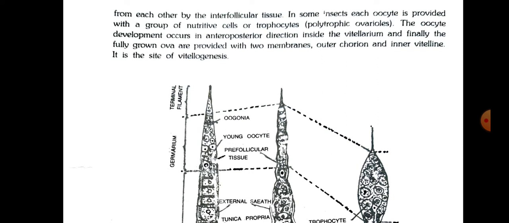In some insects, each oocyte is provided with a group of nutritive cells or trophocytes. The oocyte development occurs in an anterior-posterior direction inside the vitellarium, and finally the fully grown ova are provided with two membranes, outer chorion and inner vitelline. It is the site of vitellogenesis.